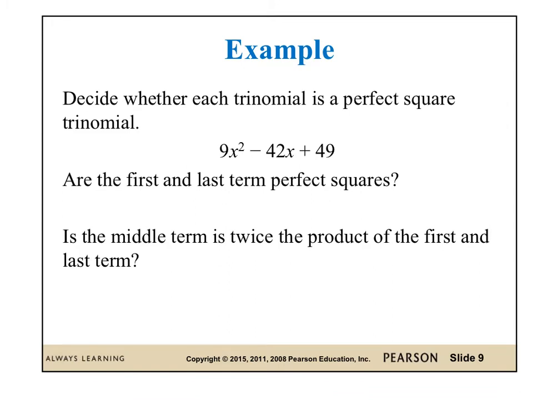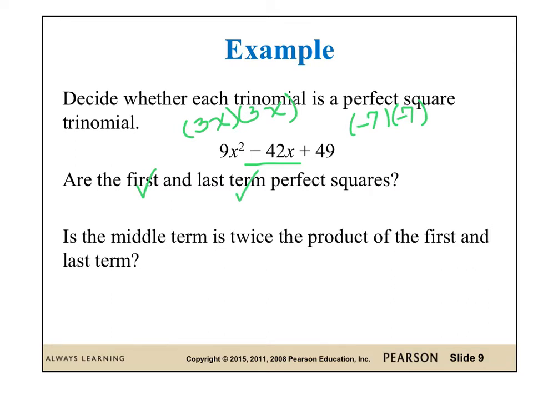So is this a perfect square trinomial? Well, 9x squared is 3x times 3x, and 49 is 7 times 7, but again, the middle term is negative, so 49 could also be achieved with negative 7 times negative 7. So are the first and the last perfect squares?